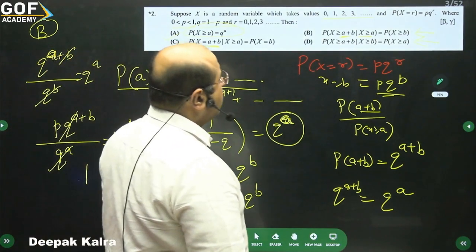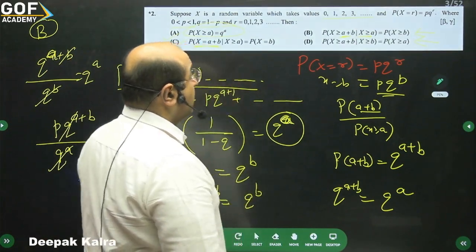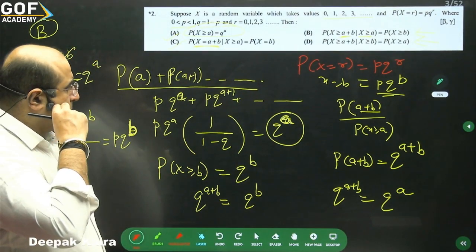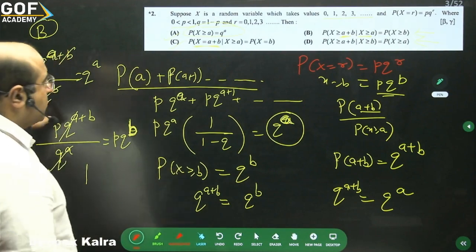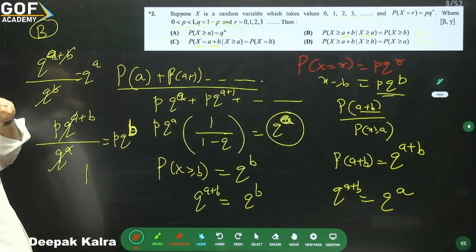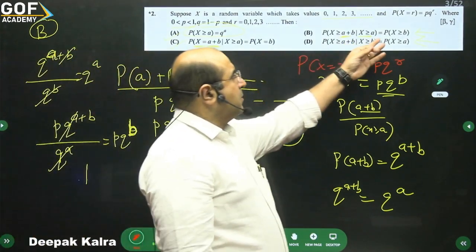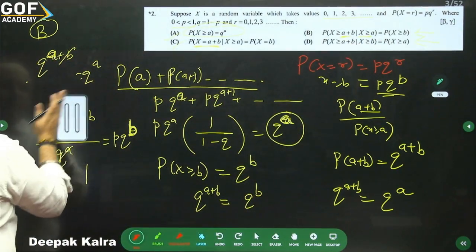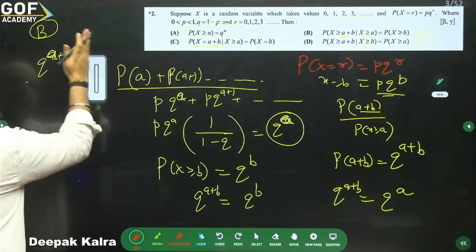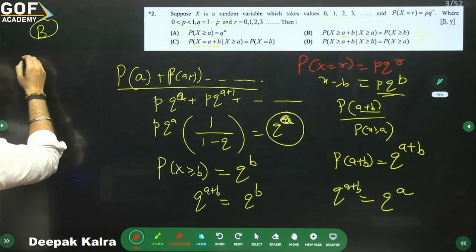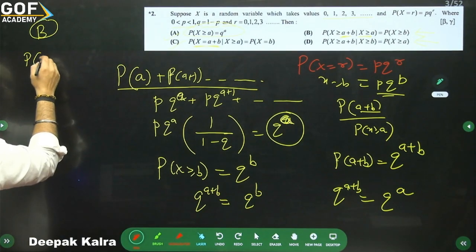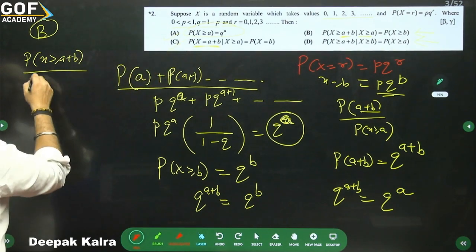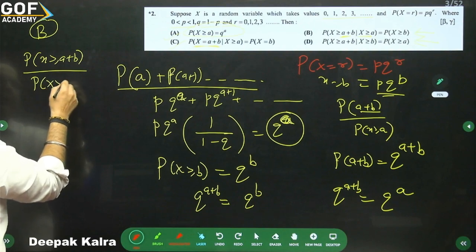So how will B and D come? Why? Intersection over a. Acha, I did it wrong. Oh my God. B is also correct because you have P(x greater than a plus b) intersection over P(x greater than or equal to a).